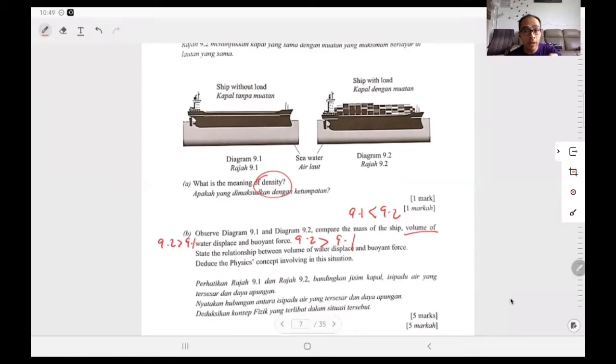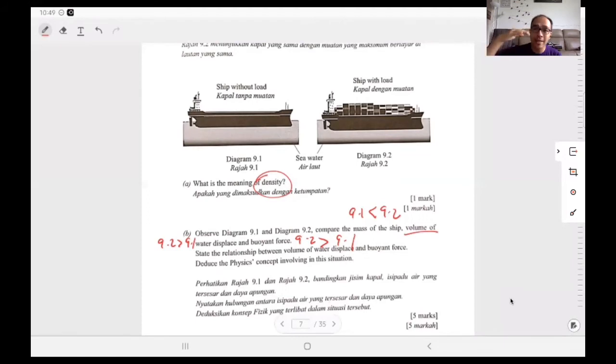Even though the ship is sinking, now this is a very important thing. People tend to think that because the buoyant force is higher, the ship is supposed to stay afloat. But that is not the full picture. In 9.2, the buoyant force is bigger because there is more volume displaced.